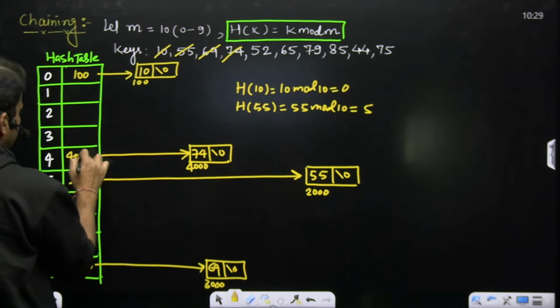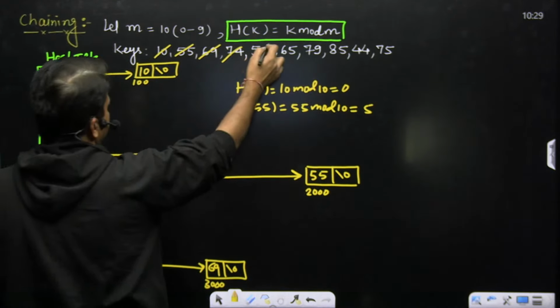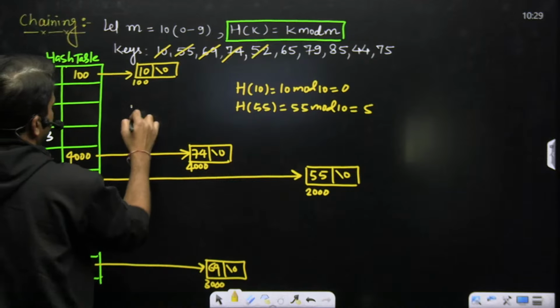So 4000 is stored in this place. Now 52 comes at this position, student.